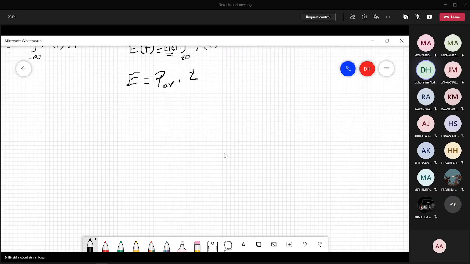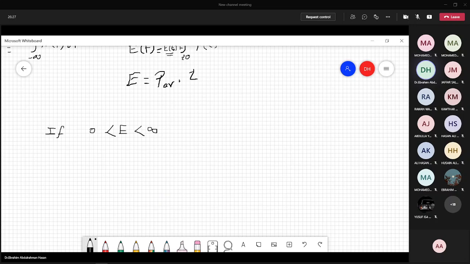For a signal definition, if energy is finite, finite means it is between 0 and less than infinity. We have a value for energy, a number, maybe 10, 500, 1000, 1 million, but it is not equal to infinity.